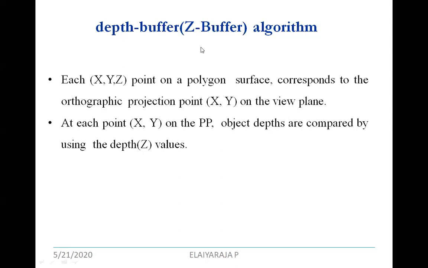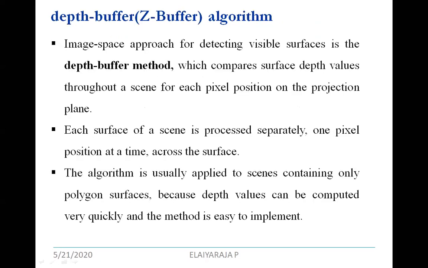Okay, so at each point of x comma y on your projection plane, the object depths are compared by using the depth values. The image space approach for detecting visible surfaces is the depth buffer method.